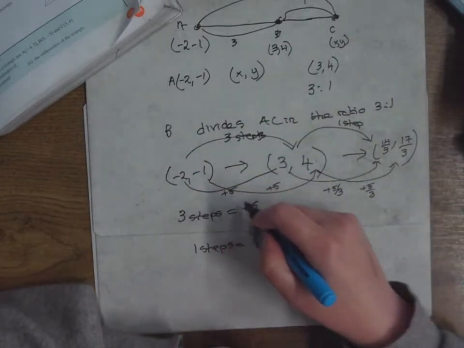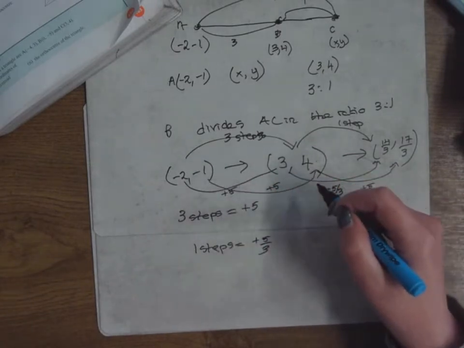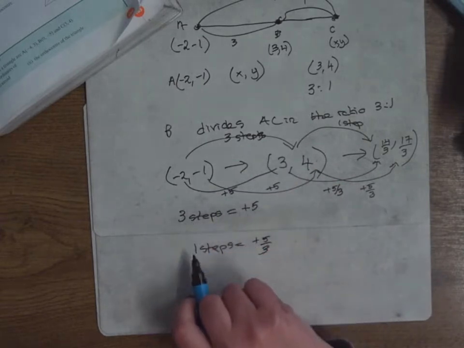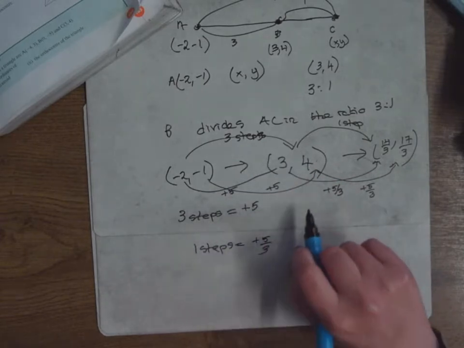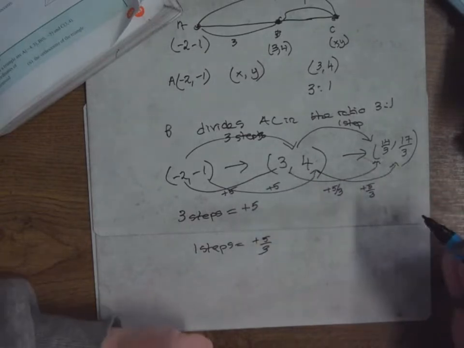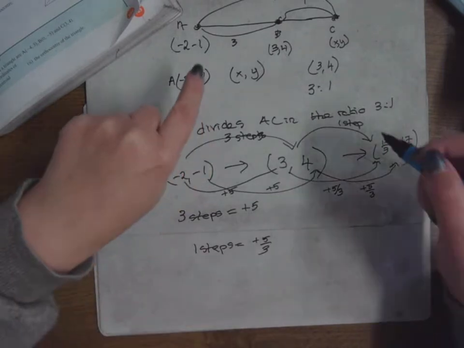The y's happen to be plus 5 as well. That's not always the case. So again, 3 steps is add 5, so divide by 3, 1 step would be add 5/3. So you add 5/3 onto 4 and you get 17/3. Are we alright?